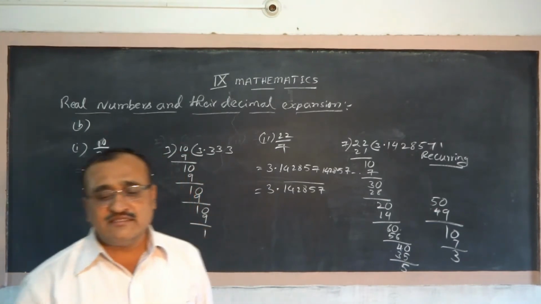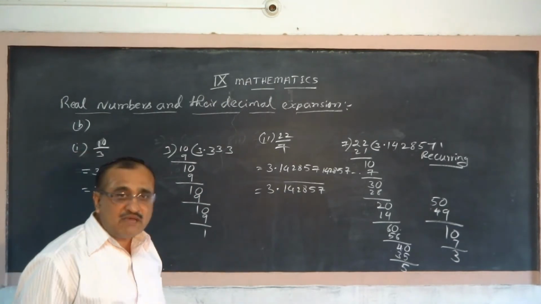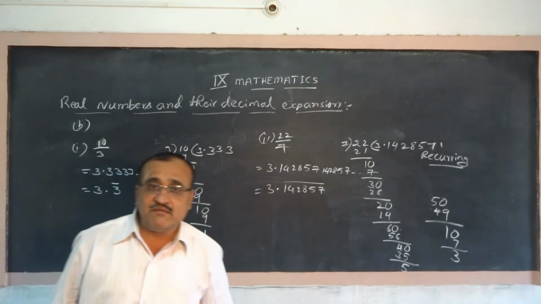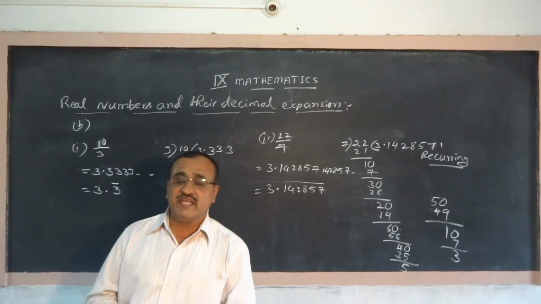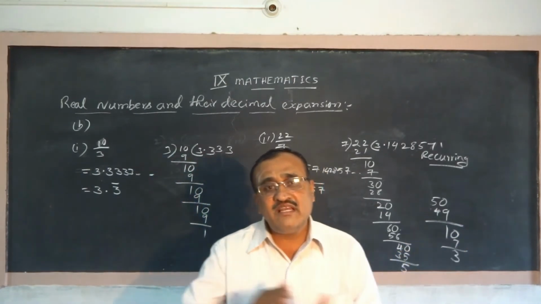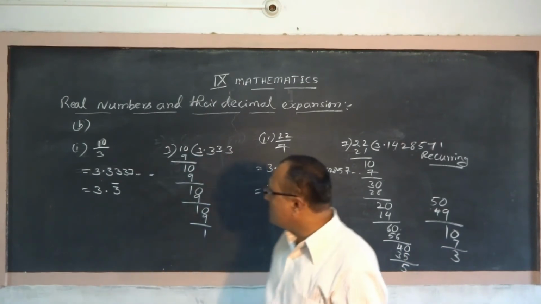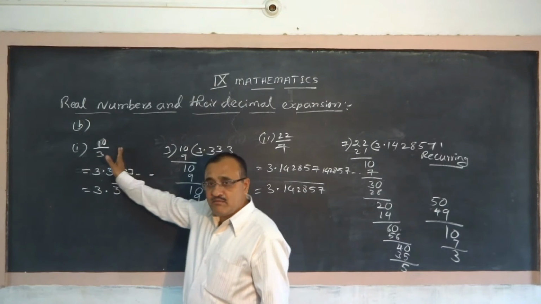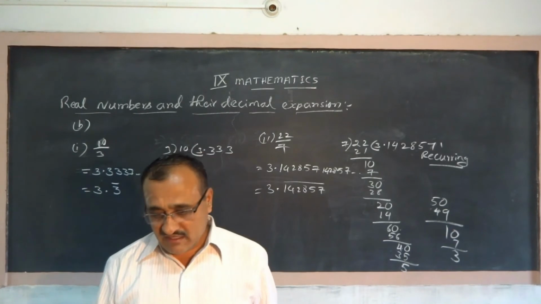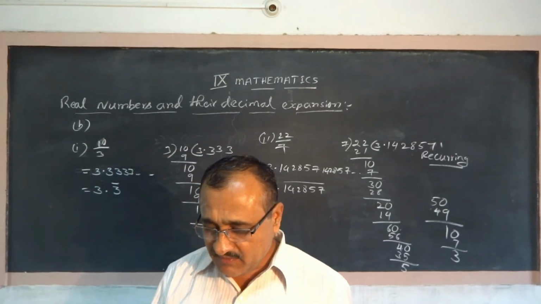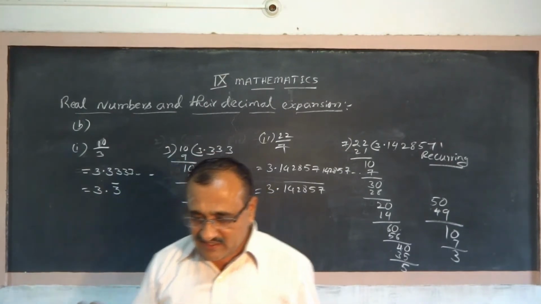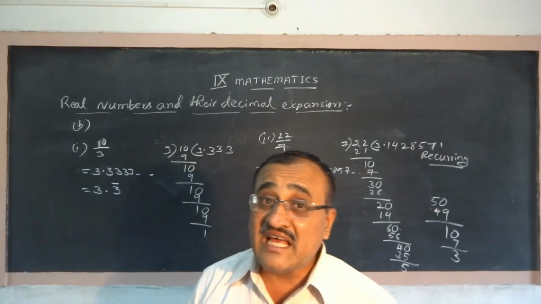Then what is the second case? When we convert some of the real numbers into their decimal expansion, these are all rational numbers we are taking. You know that real numbers are a group of rational and irrational. We are taking rationals. The decimal expansion does not end but repeats.